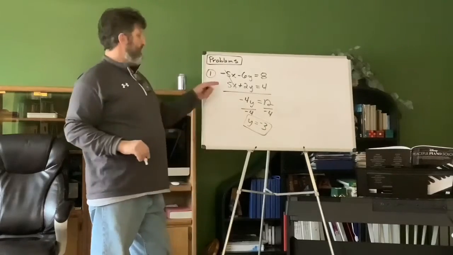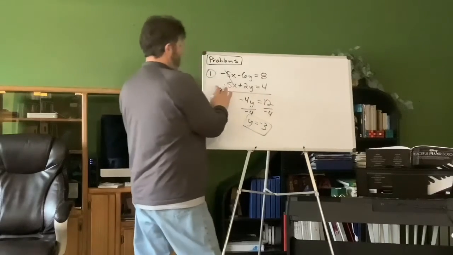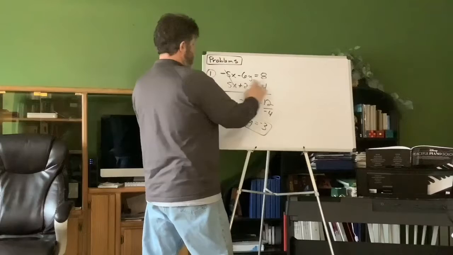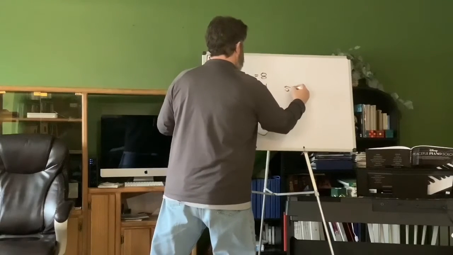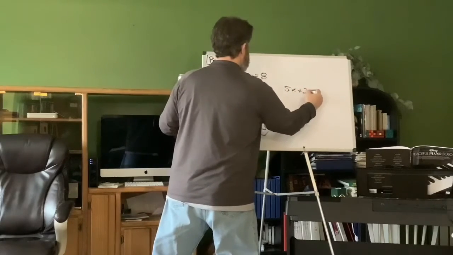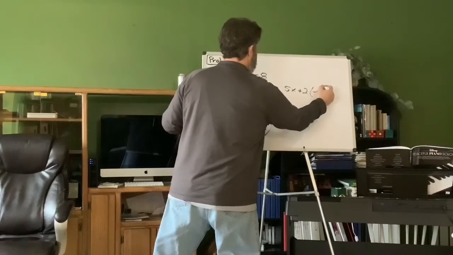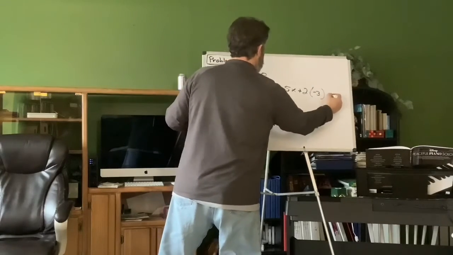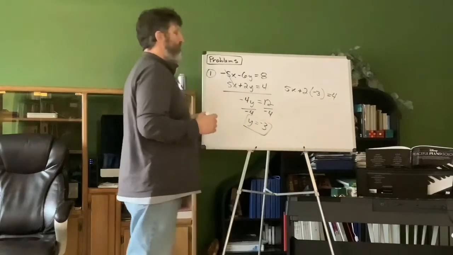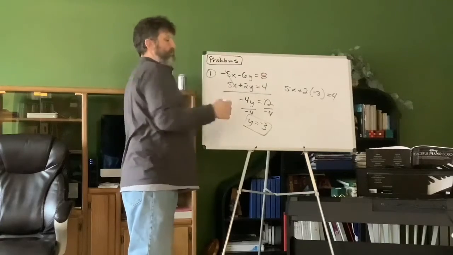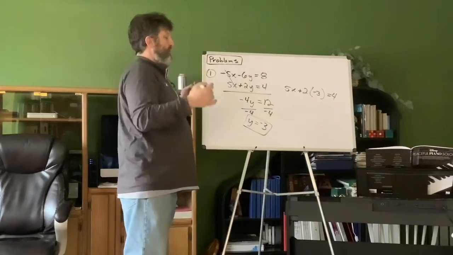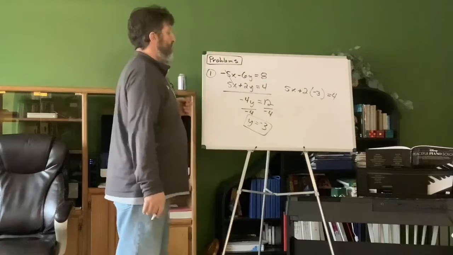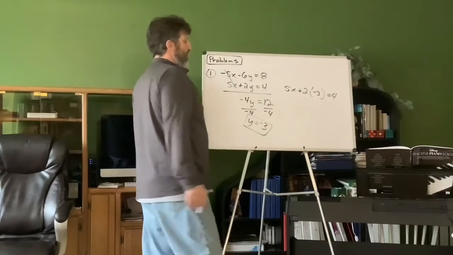Okay, plug it in over here. I'm going to plug it in where there's no negatives just because I would like to avoid my negatives if I can. 5x plus 2 times -3 equals 4. Now, if some of you plugged into the top one, that's going to work out just fine. I think that would be awesome if you actually chose to plug it into a different one, because then you can see how this works out.